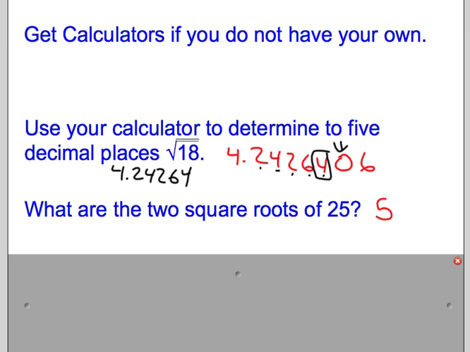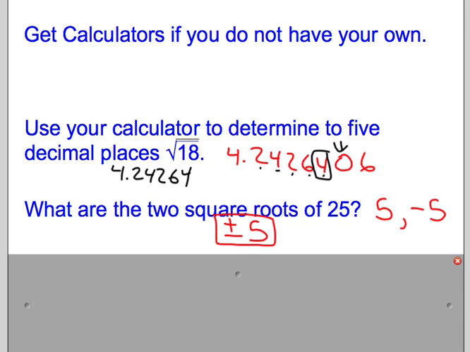But the second one is negative 5. If you take negative 5 times negative 5, that's a bad guy leaving town. That's a good thing. 2 negatives make a positive. So the 2 square roots of 25, and a more common way to show it is, plus or minus 5.